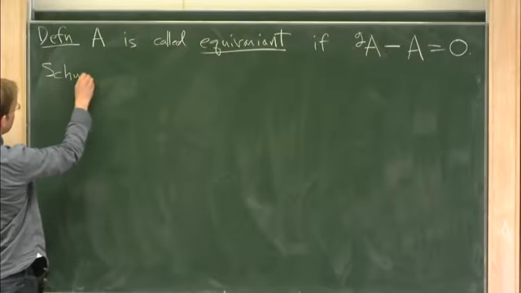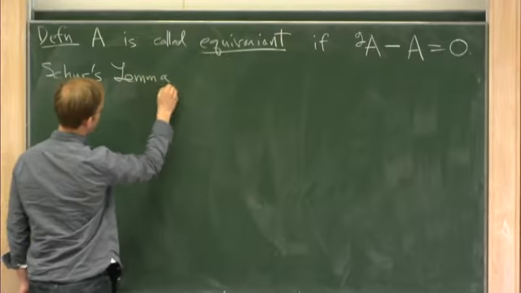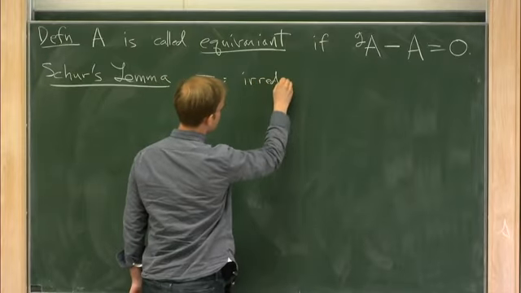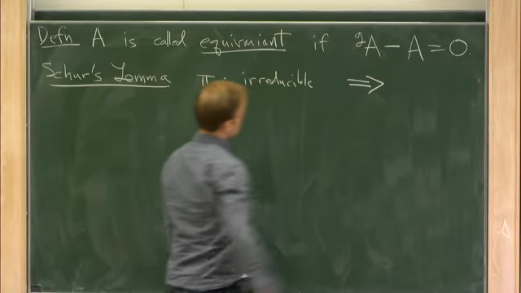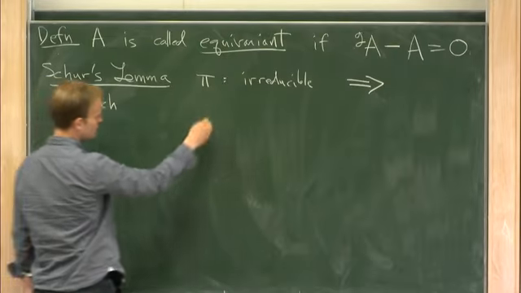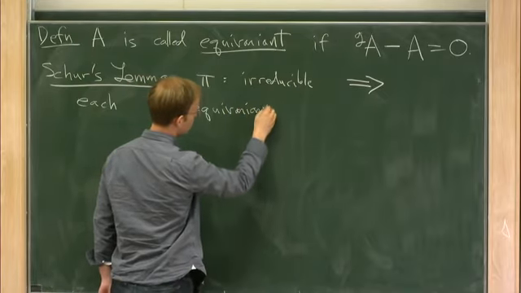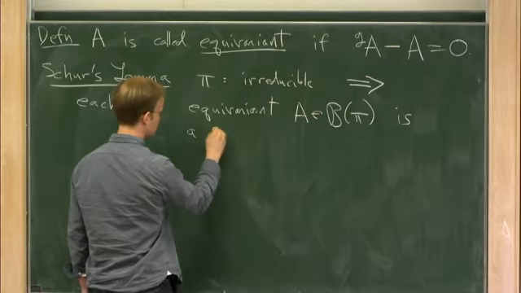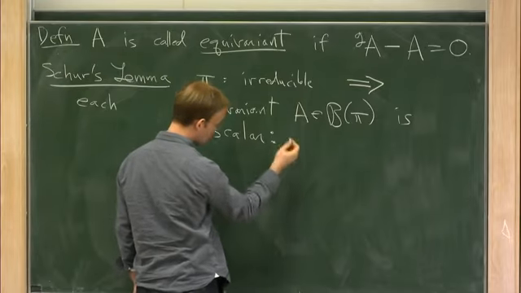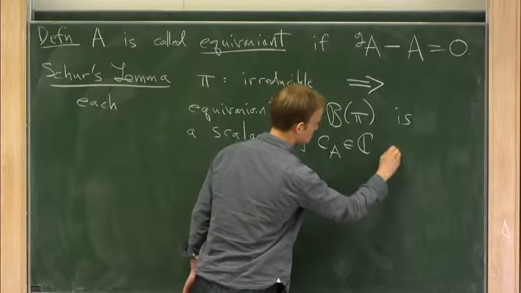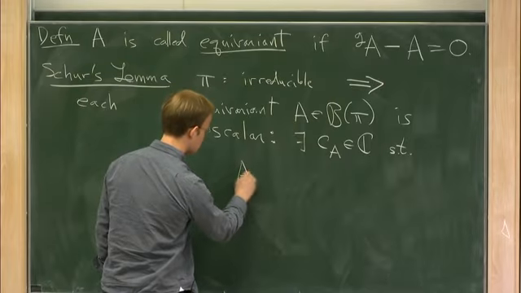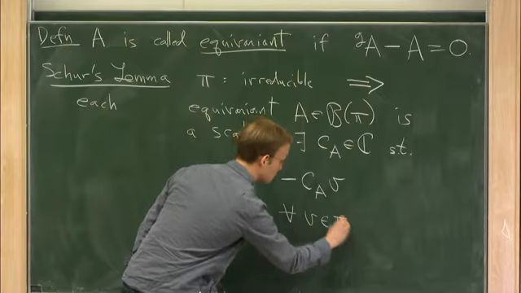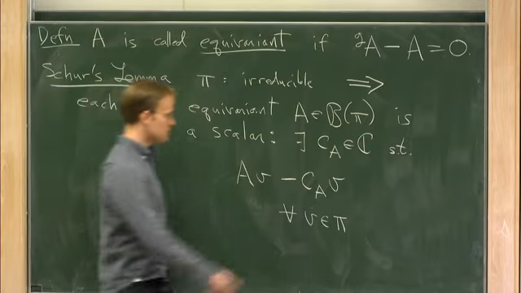Now there's a well-known result, a foundational result called Schur's lemma, which says that if pi is, moreover, an irreducible representation, and this assumption implies that each equivariant operator is a scalar, which means there exists some complex number, let's call it CA, such that if we look at the difference between AV and CAV for any vector in our representation, then this difference should be identically 0.